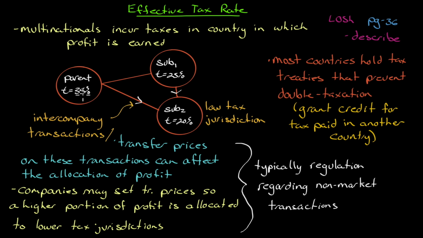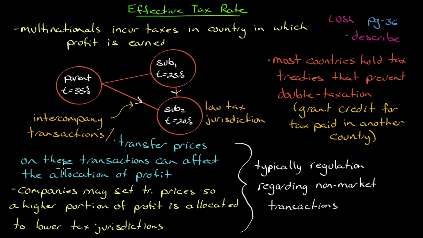Perhaps they're designing something, or whatever you want to call it. And the parent and subsidiary 1 pay these huge fees to subsidiary 2 for that design consulting fee, thereby incurring extra costs at these levels and transferring much more profitability to the low tax jurisdiction.